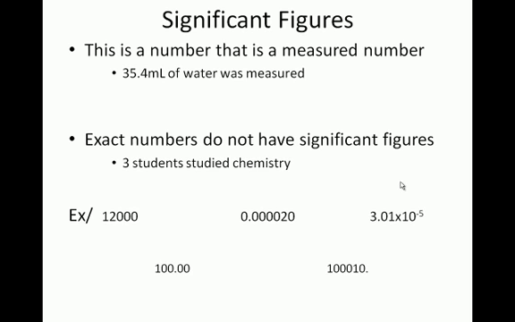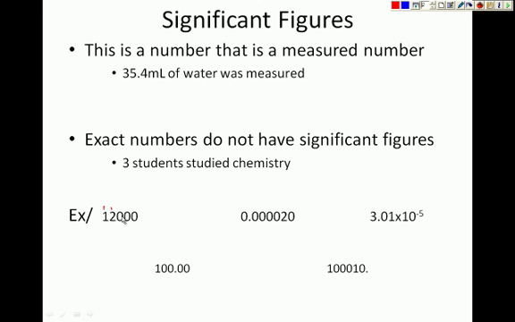So let's look at how many significant figures are in these examples right here. And what we see is we have a number like this, which is 12,000. 12,000 has 2 significant figures, this one and this one. Now these zeros are what we call insignificant because they are trailing zeros. Now we often use this in common English.